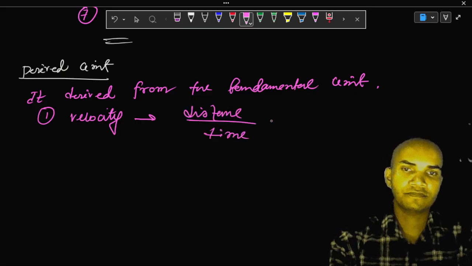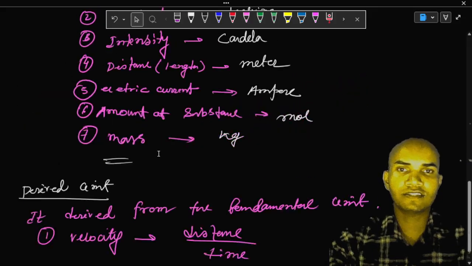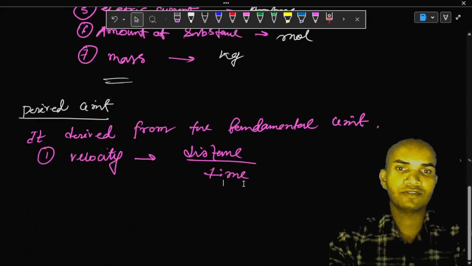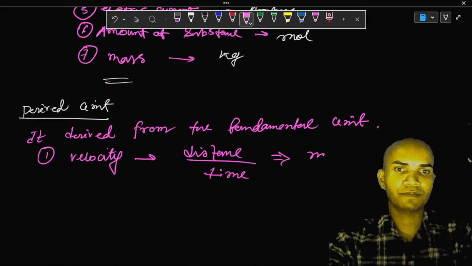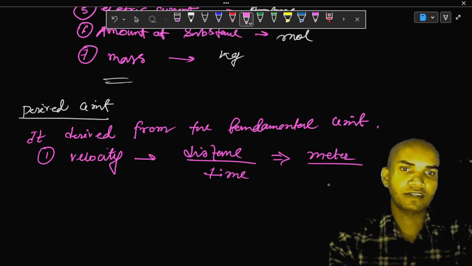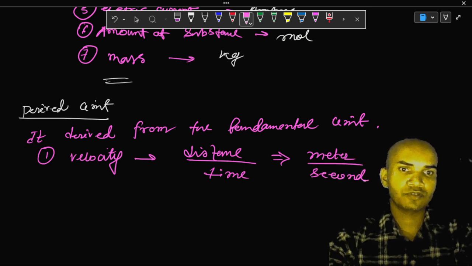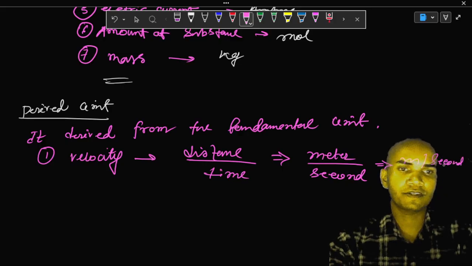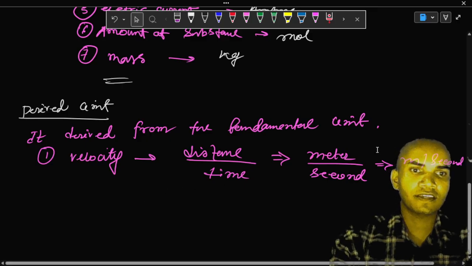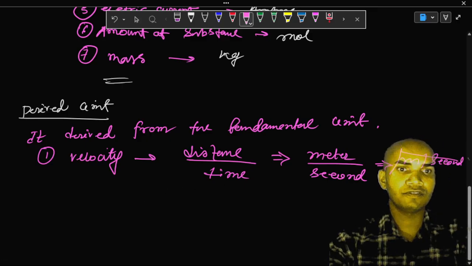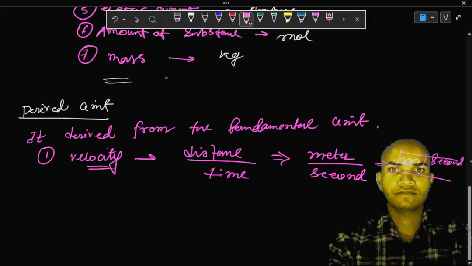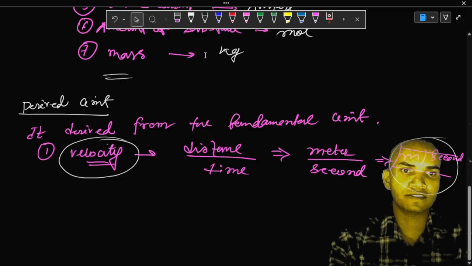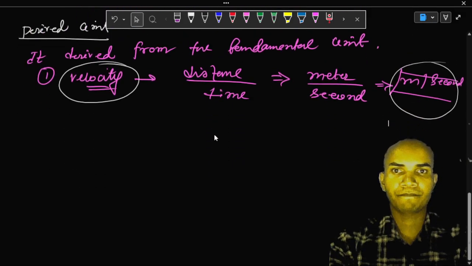Distance is meter and time is second, so velocity has the unit meter per second. Clear?